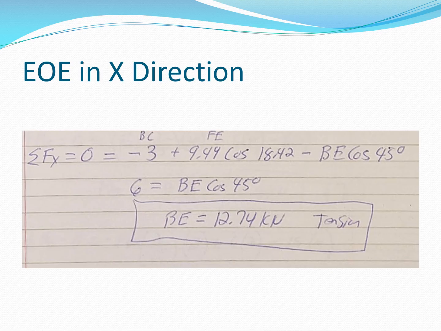And I've got an x piece for BE. So I can plug in those numbers that I previously solved for, and solve for BE. I find that BE comes out to 12.74 kilonewtons, a positive answer, so it is in tension as I assumed at the beginning. So there you go, there is an example of doing method of sections from chapter 6.